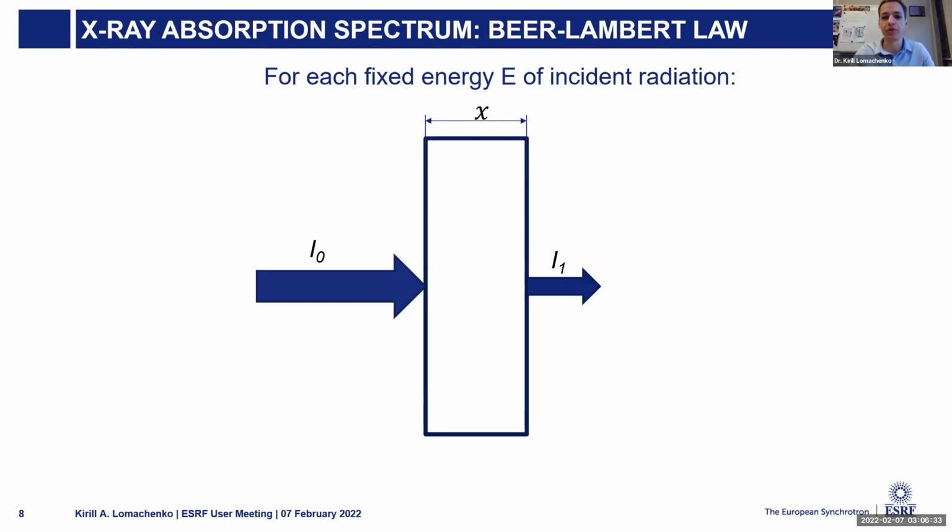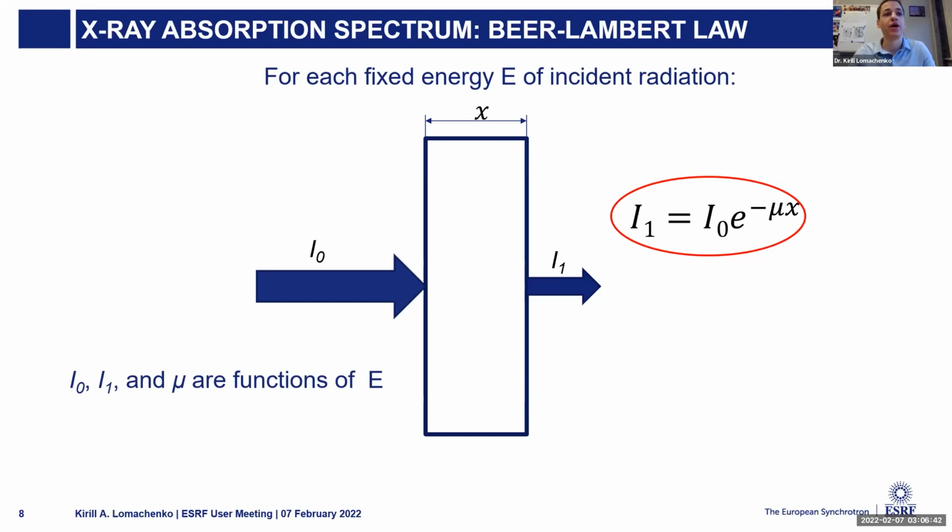The relation between I0, x and I1 is given by this expression, the Lambert-Beer law, where I0, I1, and mu are functions of energy. And mu is the thing that we are actually looking after. It is called the X-ray absorption coefficient. And just from this formula, you can see that we can measure it.